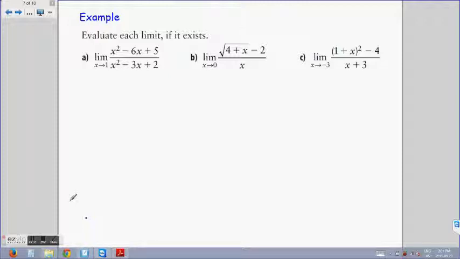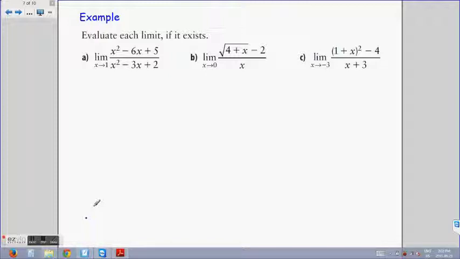We have a limit of what looks to be a quadratic that is divided by another quadratic. If we were to actually put the value of x equal to 1 into each of these, we would realize that we would get a 0.